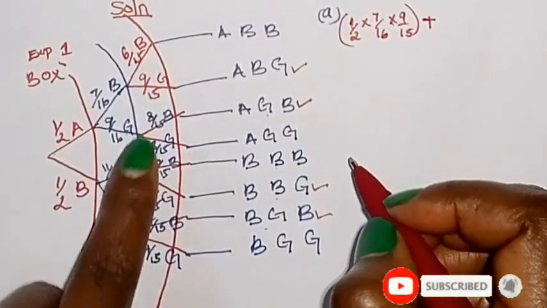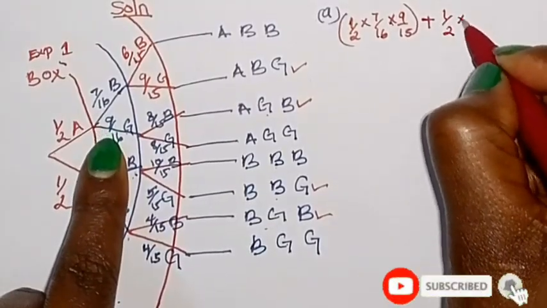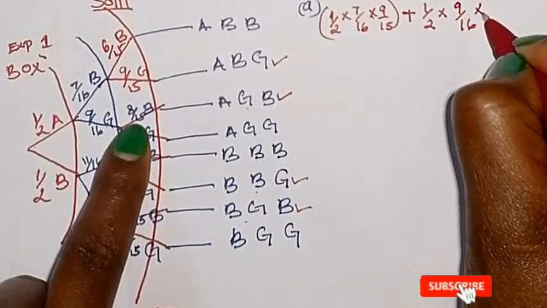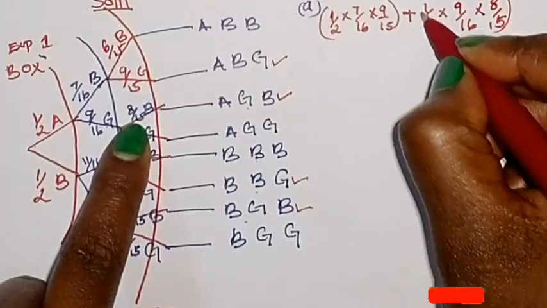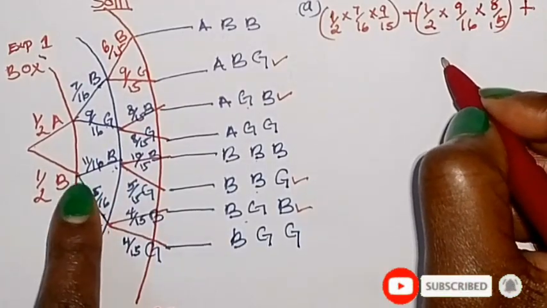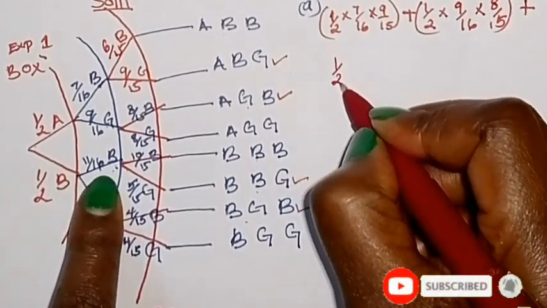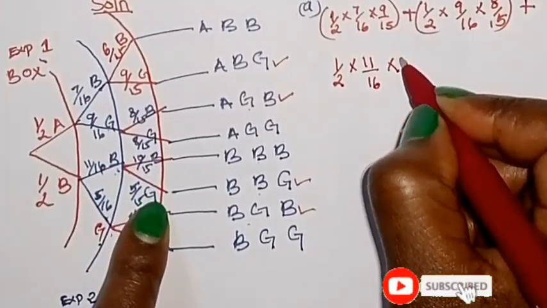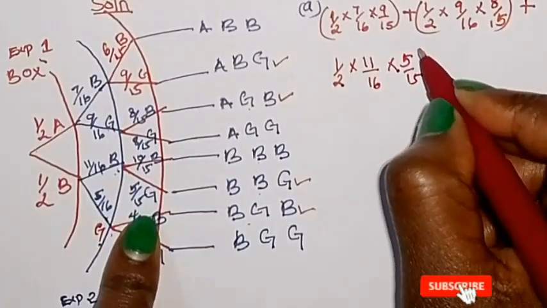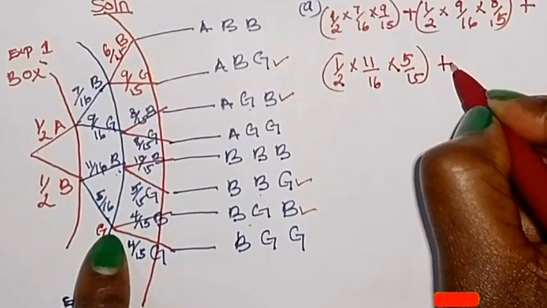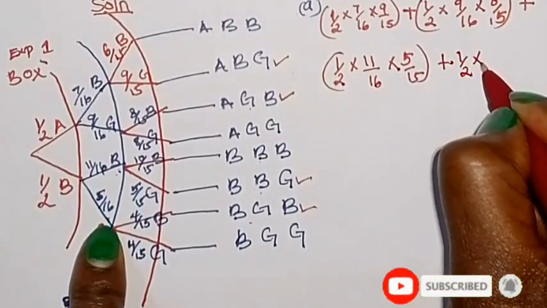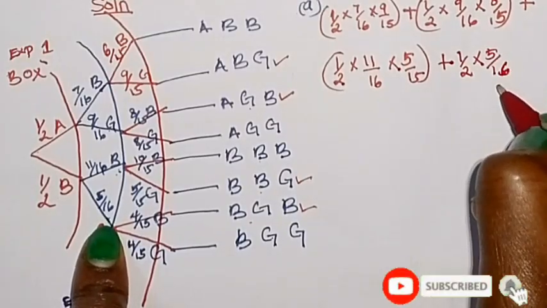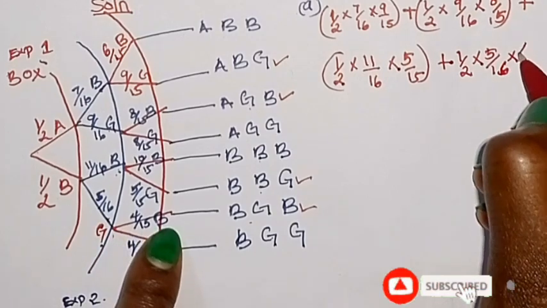We add half times 9/16 times 8/15, plus this other possibility, half for the box B times 11/16 times 5/15, plus half times 5/16 times 4/15.